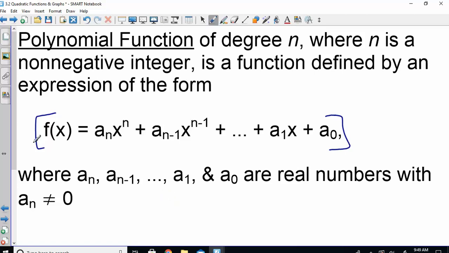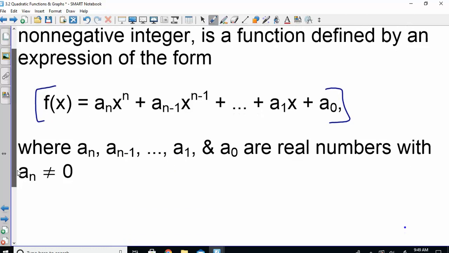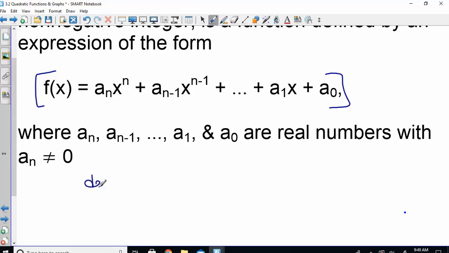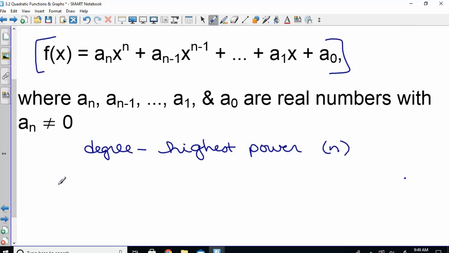All right. In this, when I'm talking about the degree, that is just the highest power. So in this scenario up here, that would have been the n. Next definition, we have the leading coefficient.